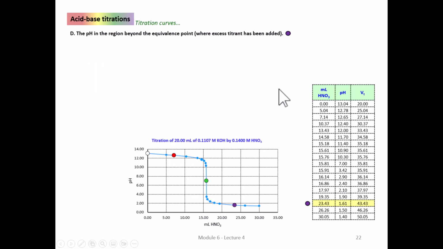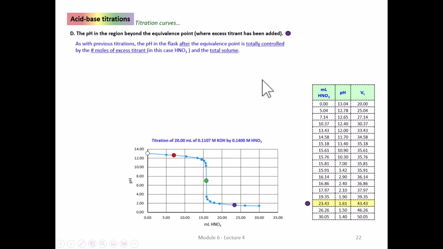Finally, we can look at the pH in the region beyond the equivalence point. And as with the previous titrations, beyond the equivalence point, the pH is totally controlled by the number of moles of excess titrant, in this case, excess nitric acid, and of course the total volume.